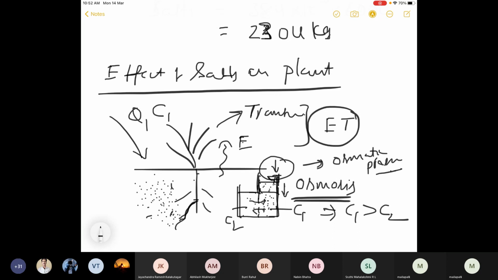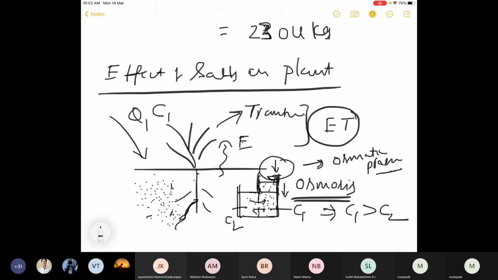So instead of taking water from the soil, the soil system is going to suck water from the plant body. This reverse is going on, so definitely that's going to affect your plant growth.